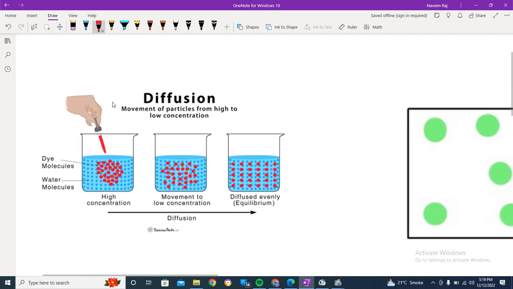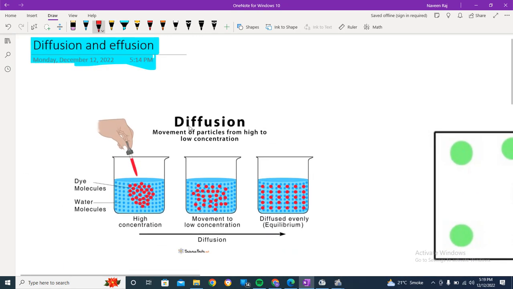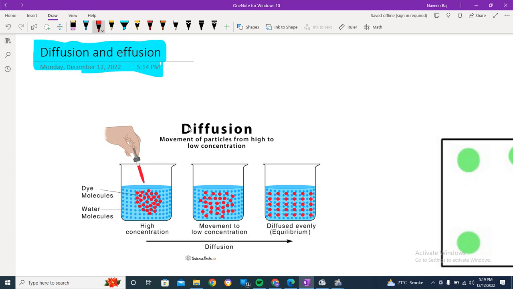Now for diffusion, I've got a diagram for you guys. First of all, the topic is diffusion. It is derived from the word diffuse. Diffuse means to expand, right? To expand. Now, the basic definition of diffusion is the process by which molecules from a region of higher concentration move toward the lower concentration.